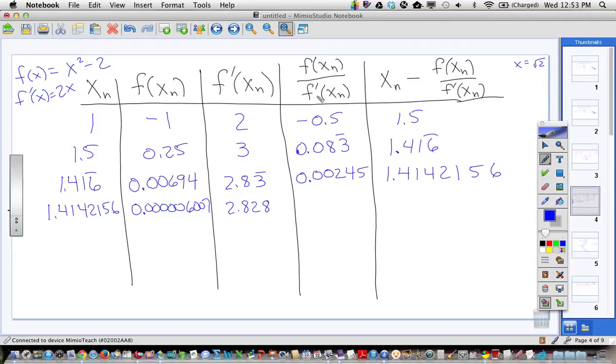Okay. And then this column, when we divide those, again, it gives you a scientific notation. 5 zeros again. And then what? Okay. And then finally, we take this number here and we subtract that number there.